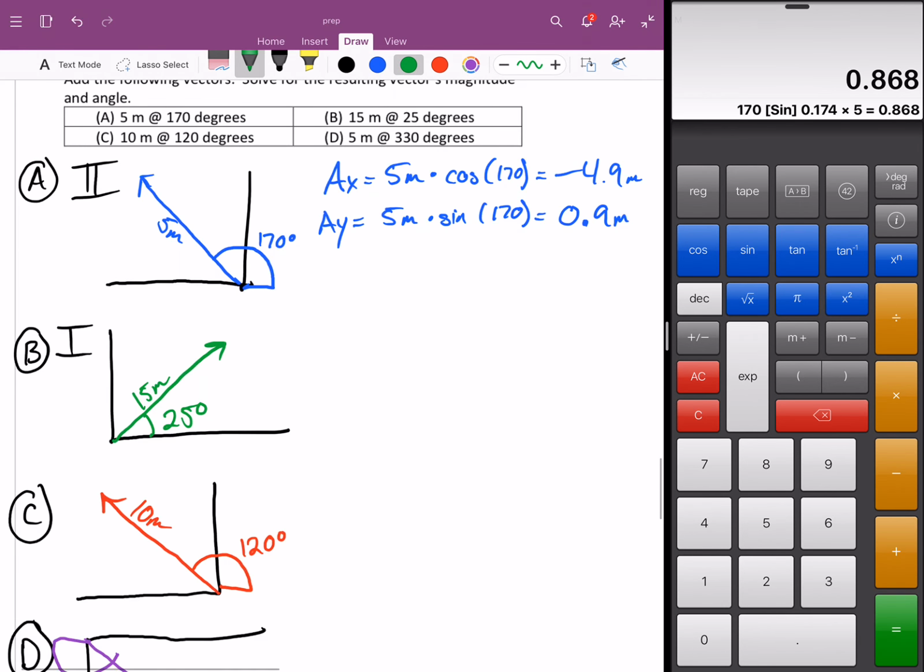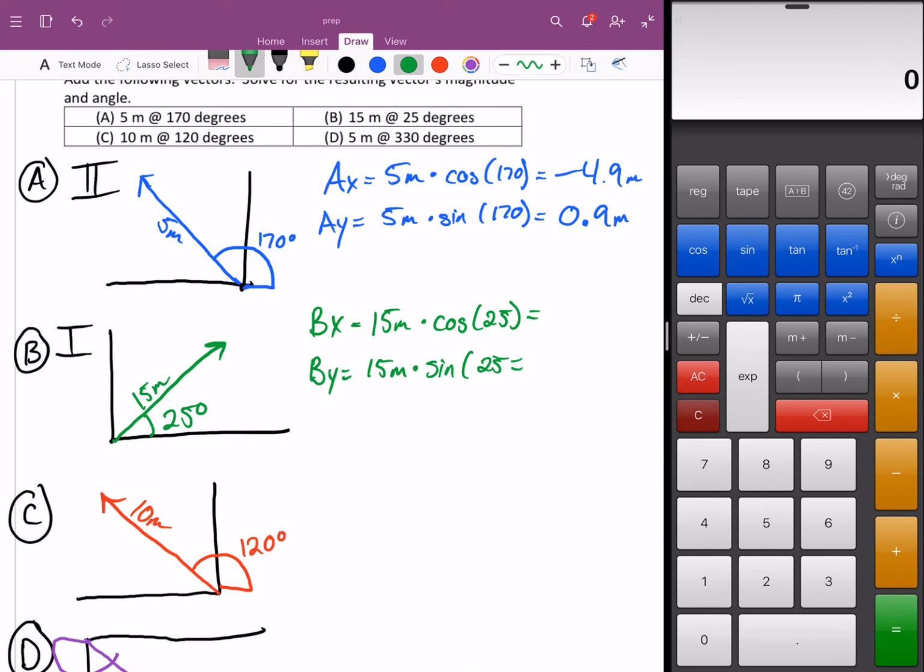Now let's go for B. BX, BY. Magnitude 15 meters. Cosine of 25, sine of 25.